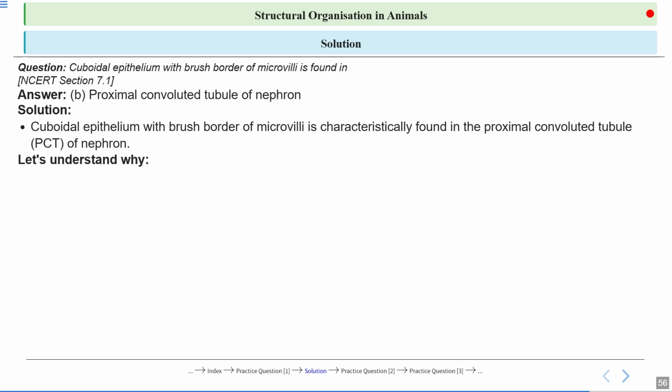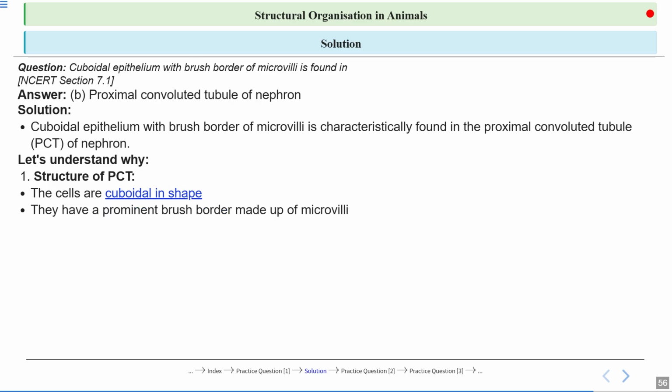Let us understand why. Structure of PCT. For this, we have to understand the cells are cuboidal in shape. If you see the proximal convoluted tubule part, they have cuboidal shape cells. They have a prominent brush border made up of microvilli, and these microvilli generally increase the surface area for the reabsorption process, right?